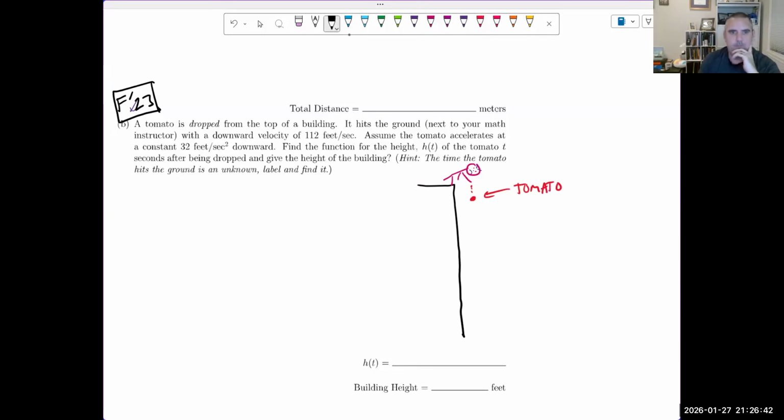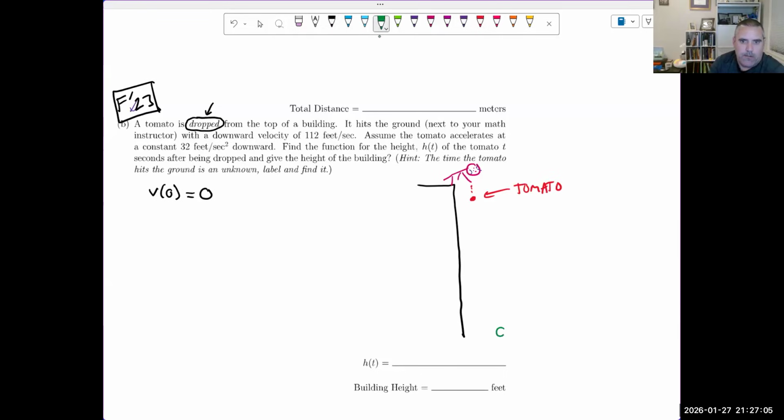All right, good. Dropped means, so this word right here means the initial velocity is zero. So that's the hidden initial condition. So it wasn't thrown. So maybe they aren't that mad at me. I don't know. It hits the ground next to your math. Oh, this time they missed.